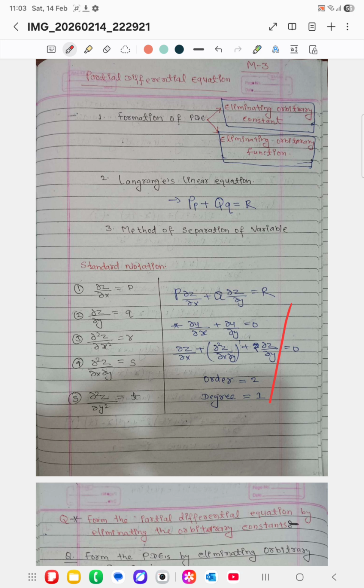Engineering Mathematics 3, Unit 1, some important topics from Unit 1. So let us see, the first is formation of PDE.